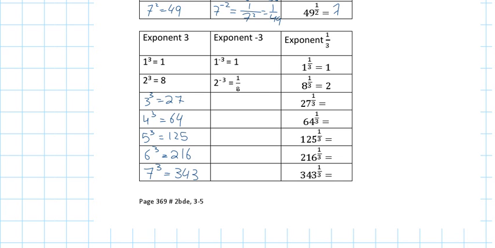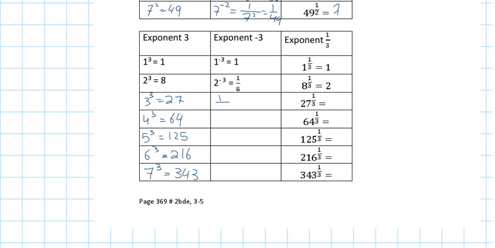Now, without using a calculator, can you tell me what would be the answer for 3 to the power of negative 3? 1 over 27. That's right.